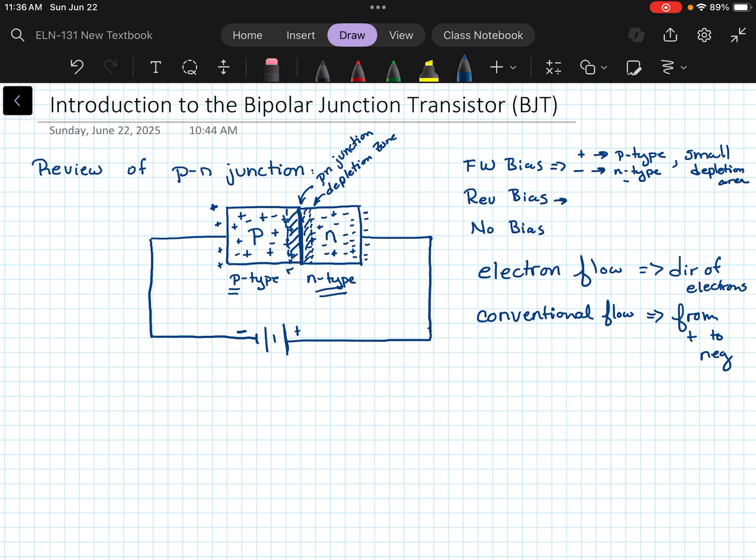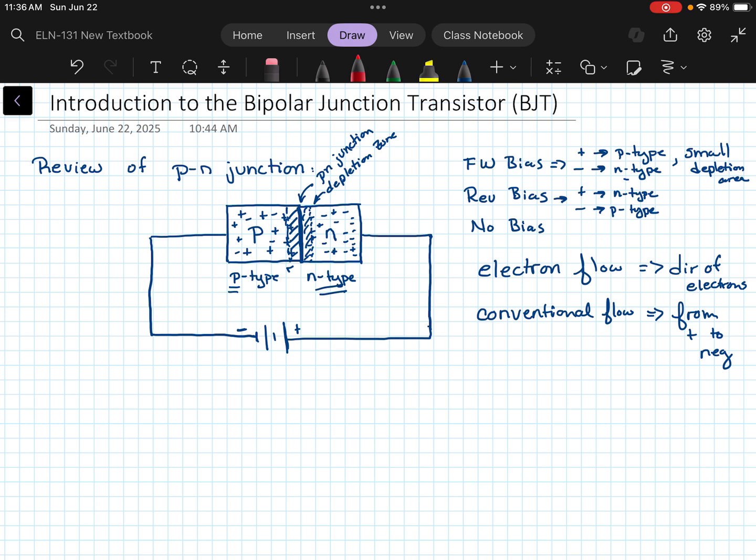So for reverse bias, positive to N-type and negative to P-type. Now what happens here, again, if you just want to look at the electrons themselves, hopefully that's not too confusing since we're talking about conventional current.